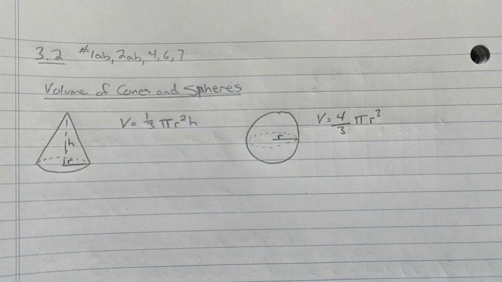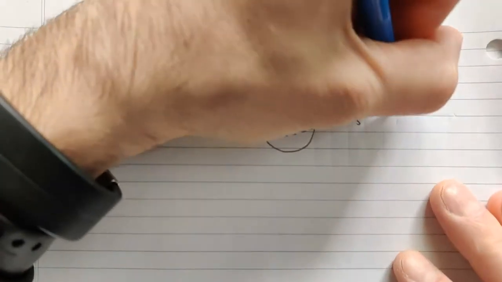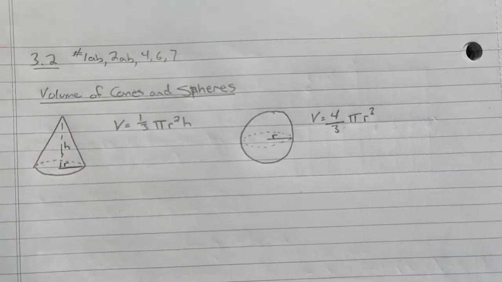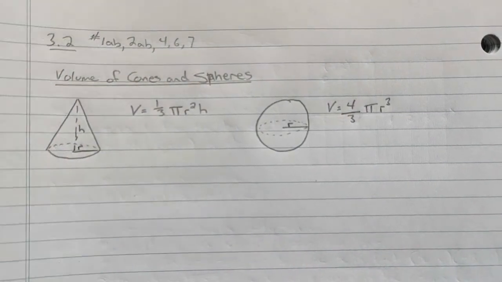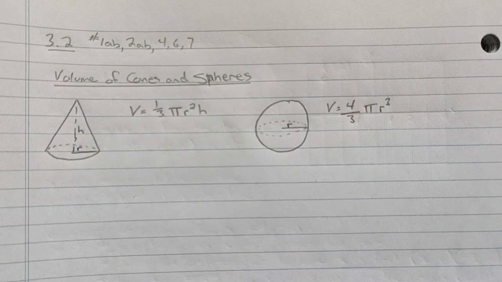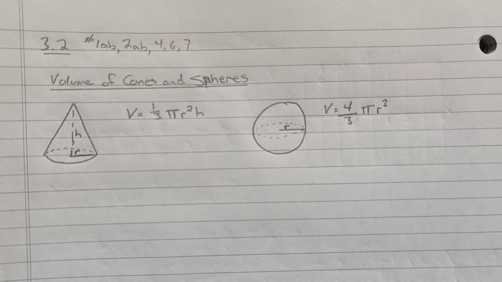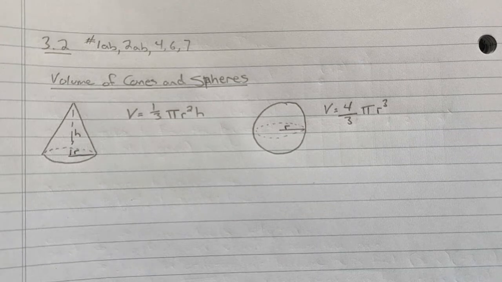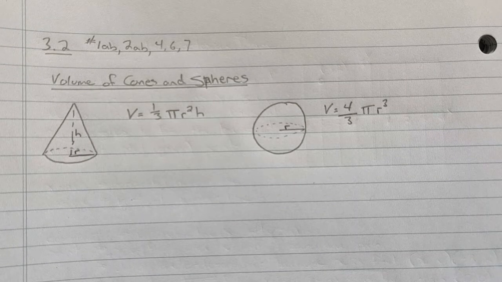So sphere, 4/3 pi r cubed. And a cone, 1/3 pi r squared h. Now, there's some of the questions we'll take a look at quickly here. So using each of these is pretty straightforward. We just fill into the equation.